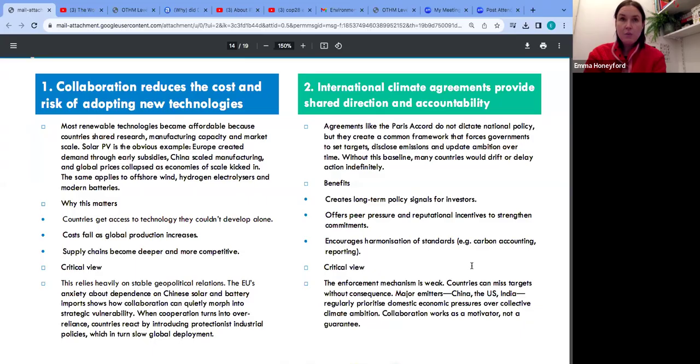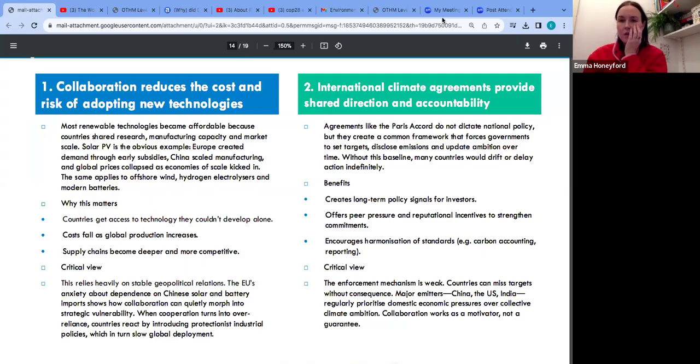The actual manufacturing is with China. In the EU, there isn't that manufacturing capacity, so that puts the EU in quite a vulnerable position. When cooperation turns into over-reliance, countries react by introducing protectionist industrial policies, which in turn slow global deployment.